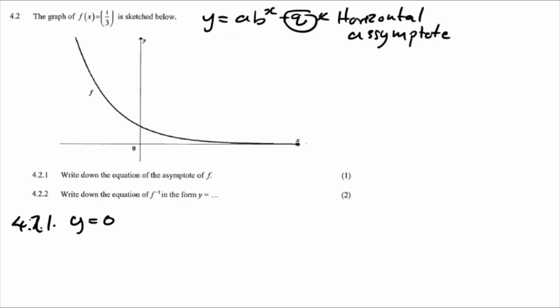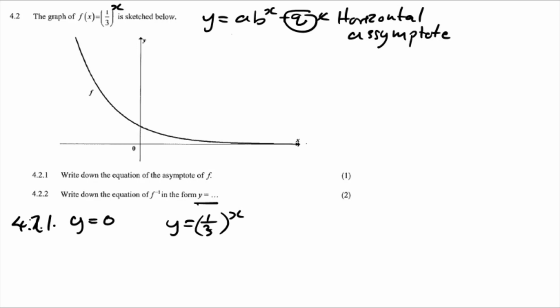The next question is write down the equation of the inverse of f in the form y is equal to. Now you would have known that when we do inverses here, we use logarithms. So y is equal to 1 over 3 to the exponent x. Now you might have missed it, this is to the exponent x.